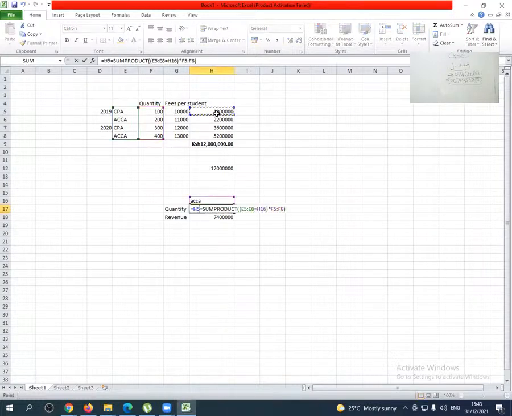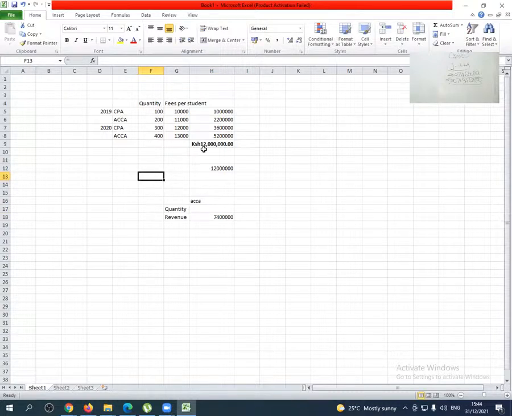Now, this is a small example which I would like to use here. A very interesting example. What I've been able to do here is to take the number of students at our college, the hypothetical assumed figures, and the fees per student.